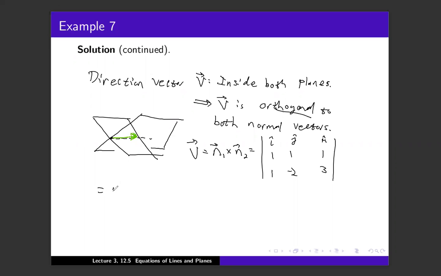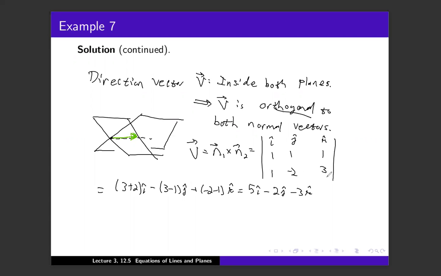I'm going to write it as 3 plus 2, i, minus, the j term is going to be 3 minus 1, j, plus negative 2 minus 1, k, or in other words, 5i minus 2j minus 3k. And if you take the dot product, you see this. 5 minus 2 minus 3, that's going to be 0.